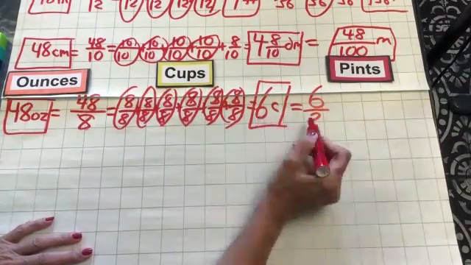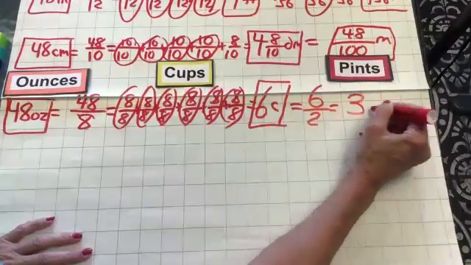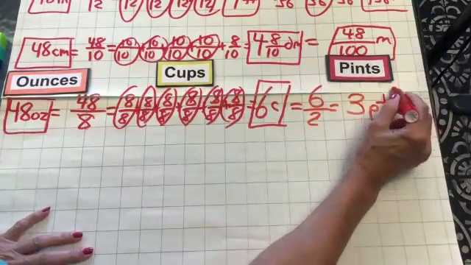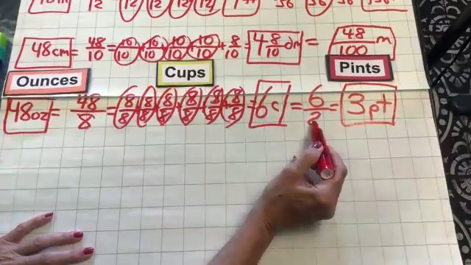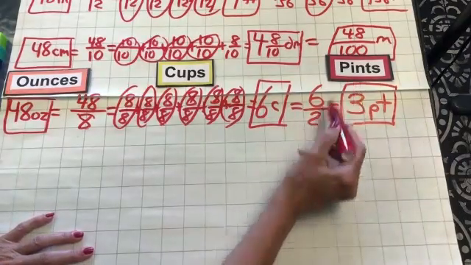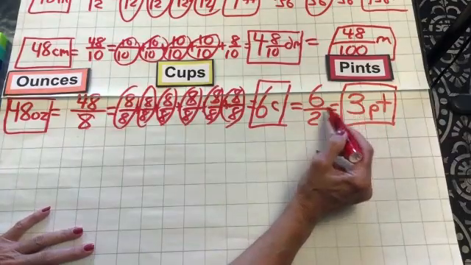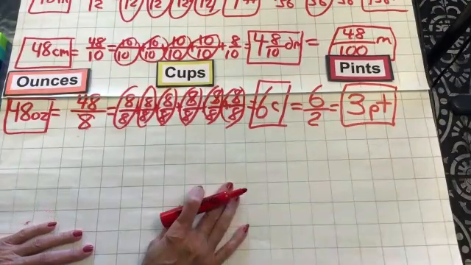So we're going to take this 6, divide by 2, and we know 2 goes into 6 3 whole times. So we have 3 pints. So we're making this short and sweet today. So 6 cups, it takes 2 cups to make a pint. So now we have 3 sets of 2. So we have 3 pints.